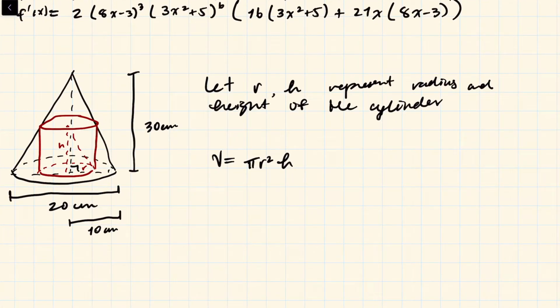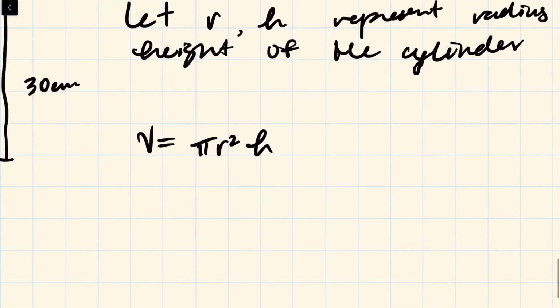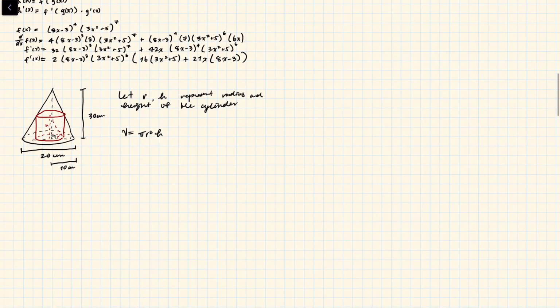Okay, so what we can do now, we have two variables here. We can't differentiate in terms of two variables here. So what we're gonna do is try and get it in terms of one variable.